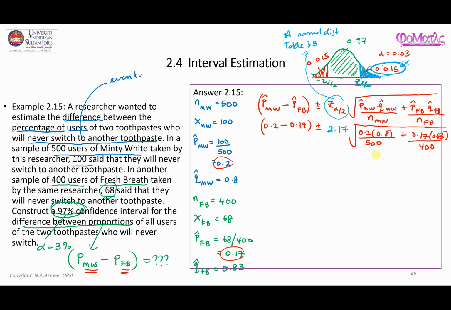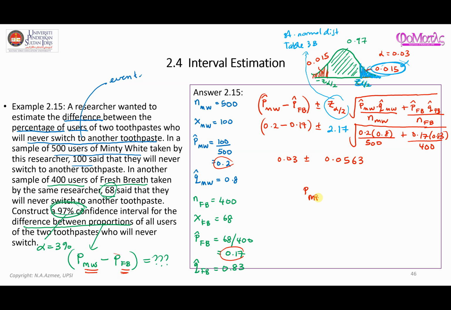Now, when you plug in the values into your calculator, you will be able to get that this simplifies to 0.03 plus minus 0.0563.